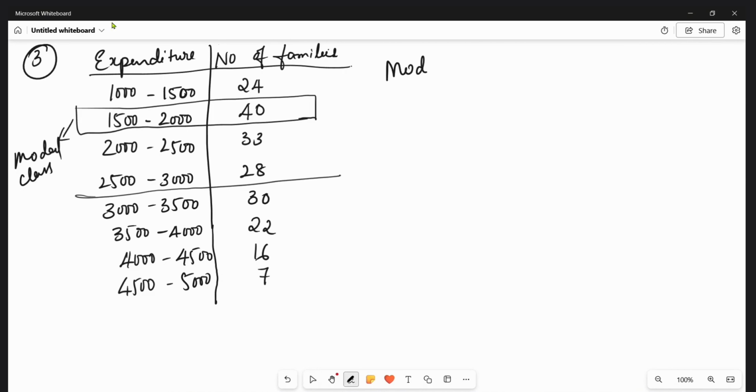So mode formula, it is L plus F1 minus F0 by 2 times F1 minus F0 minus F2 into H.